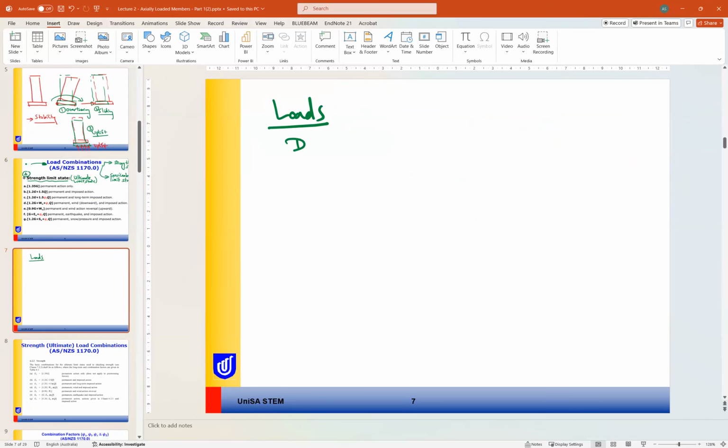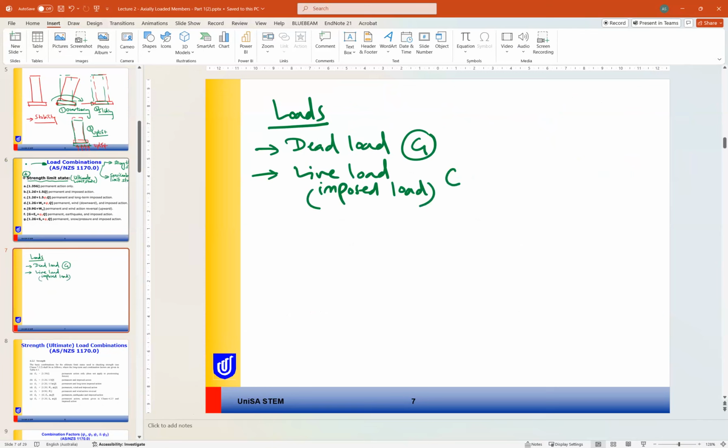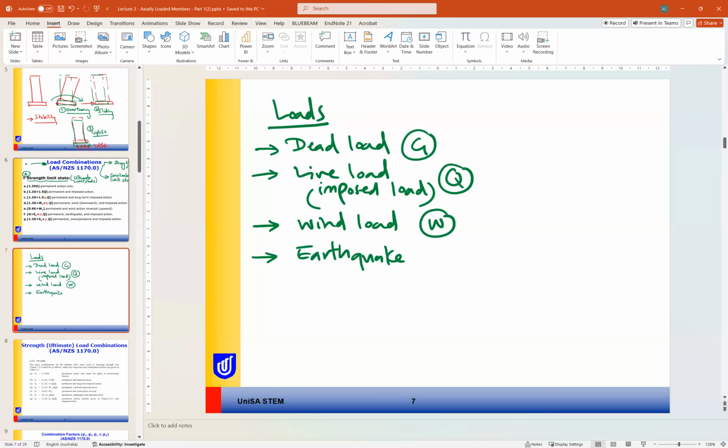We can have dead load, to which the standard gives the symbol G, and we can have live load or imposed load, Q, and we can have wind load, W, or we can have earthquake load, E. So these are the possible loads on the structure.